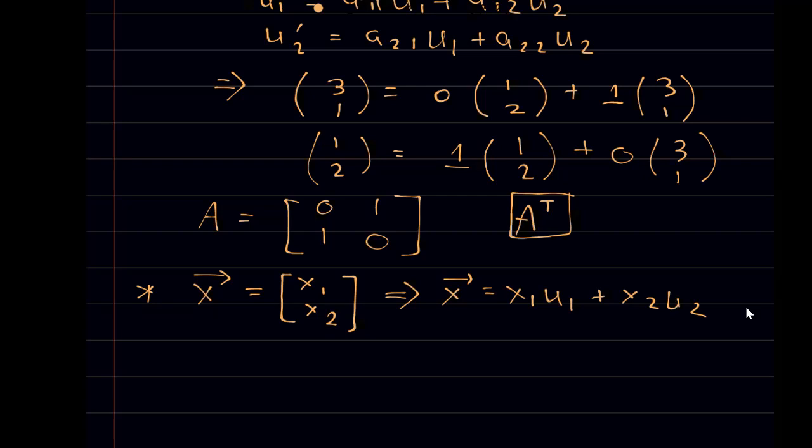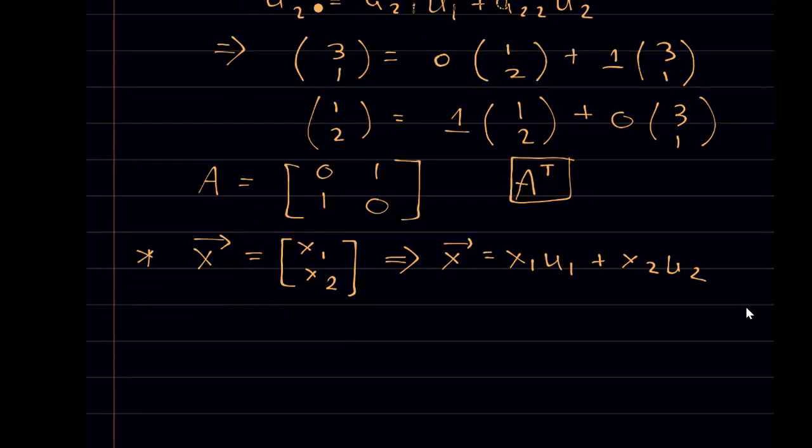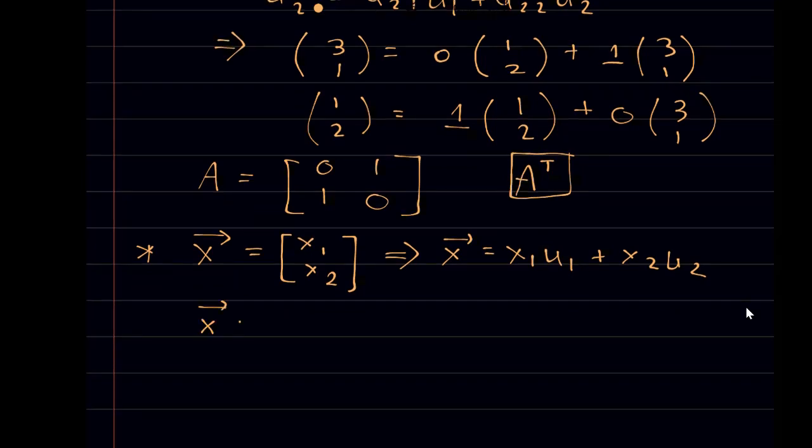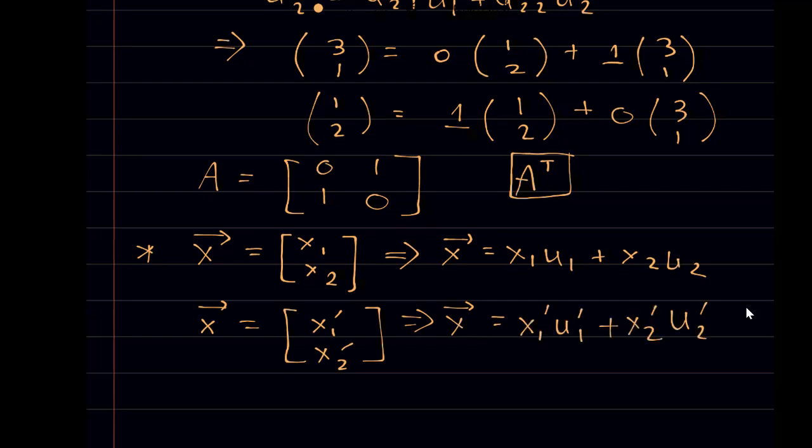That implies that my same vector X can be written as x1 prime u1 prime plus x2 prime u2 prime. So this is the new coordinate. Okay, quite clear.